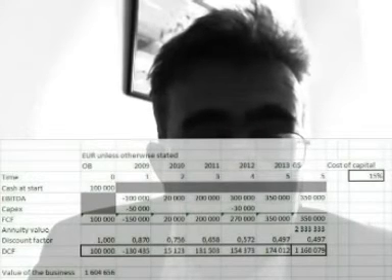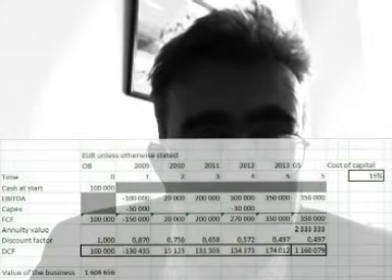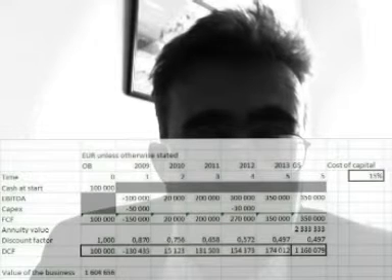And just to show you, going back, you can adjust the cost of capital backwards like this until this becomes zero. When this becomes zero, the value of the business becomes zero. At the moment I've got minus 31,875. When that becomes zero, that's the internal rate of return.